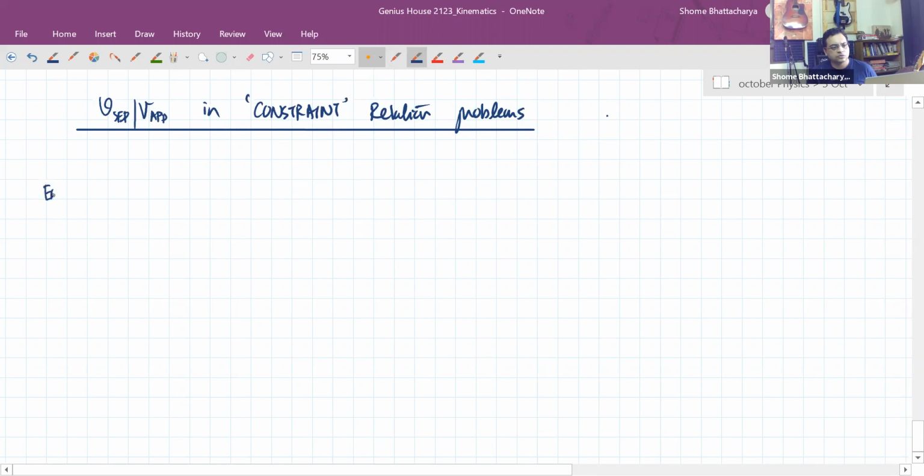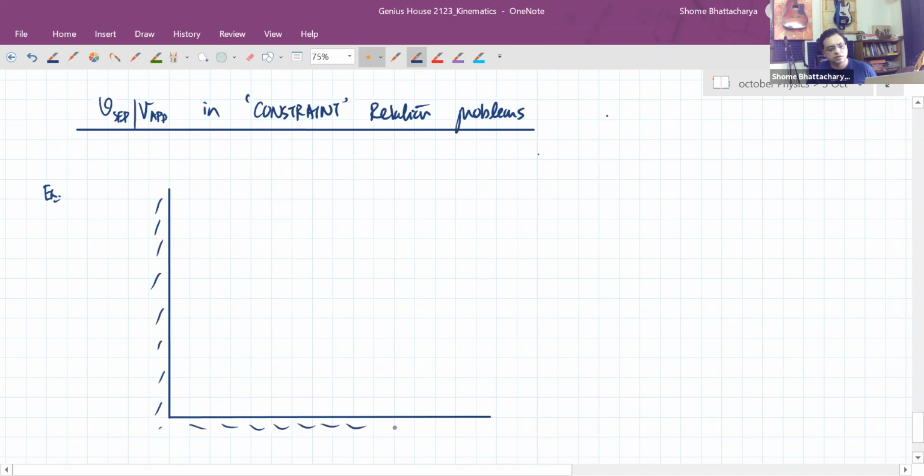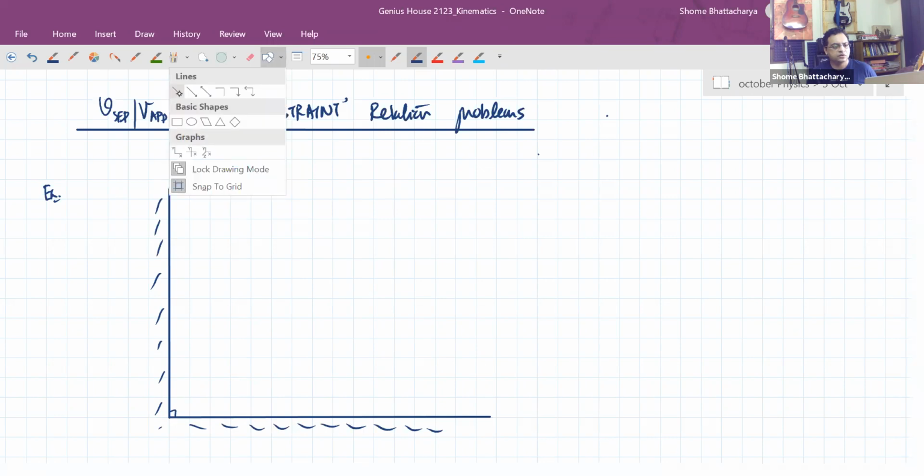So the first example I'll take is an example which we had seen long ago in calculus. We had solved it using calculus concepts, rate of change concepts. Now we will use approach and separation velocity concepts. So suppose this is a wall which is perfectly vertical and a floor like this.